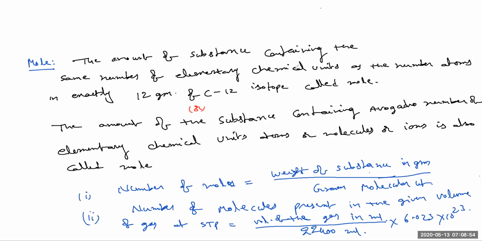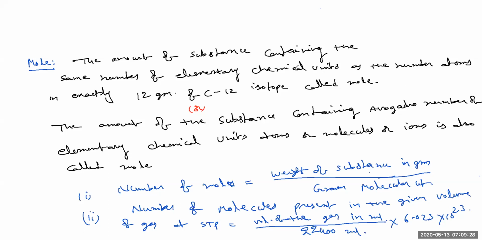Yeah, right. So what is the definition of mole? The amount of the substance containing the same number of elementary chemical units as the number of atoms in exactly 12 grams of C12 isotope is called mole, or the amount of the substance containing Avogadro number of elementary chemical units, in units of atoms or molecules or ions, is also called as mole.